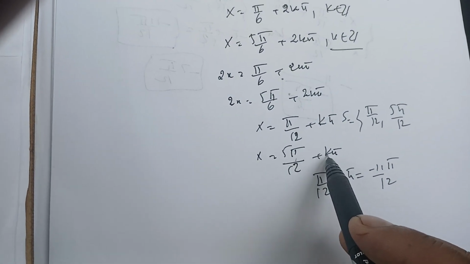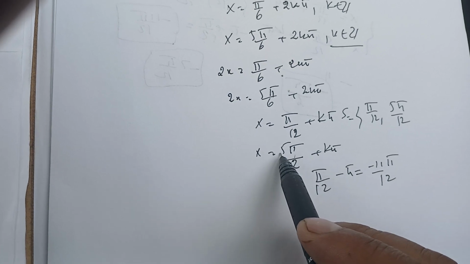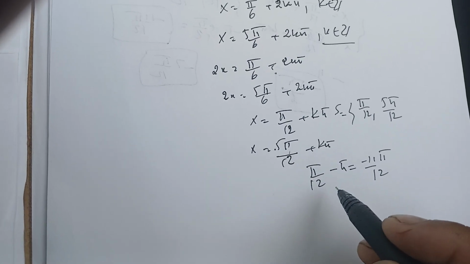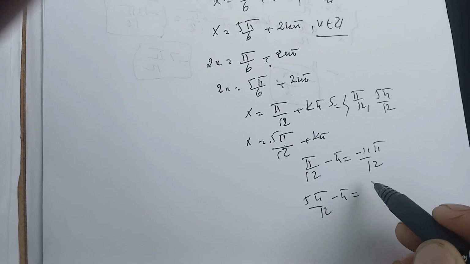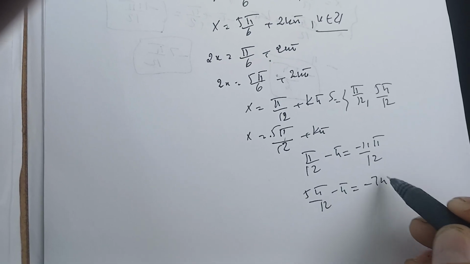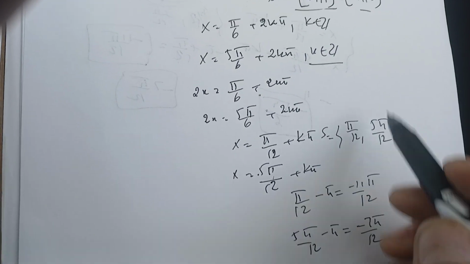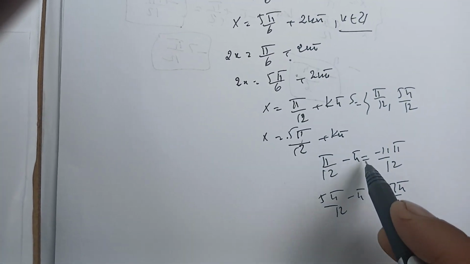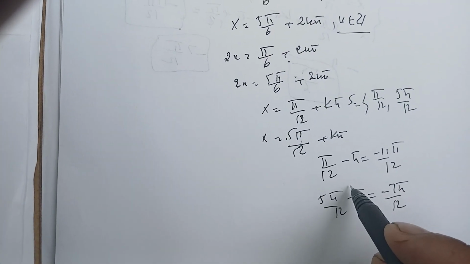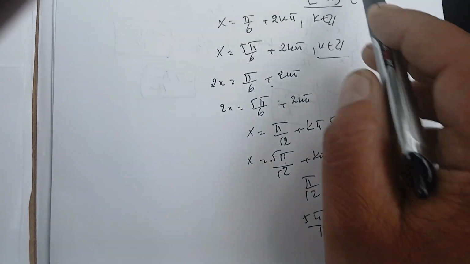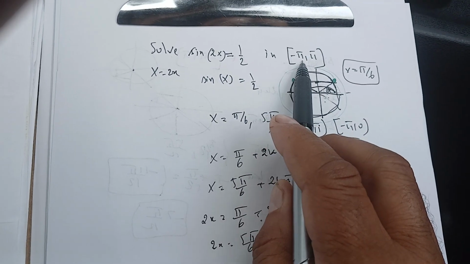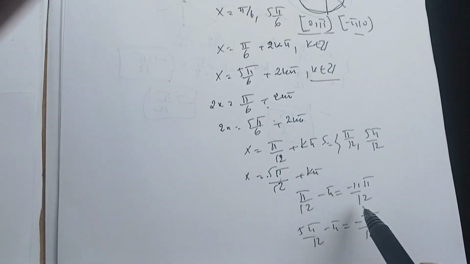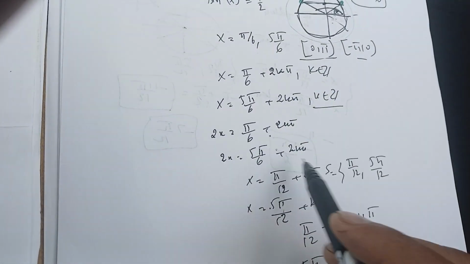When k is minus 1, for this one I get 5 pi over 12 minus pi, which gives me minus 7 pi over 12. And this one is in here. If I do more, I can't, because I'm going to exceed this interval, minus pi to pi.